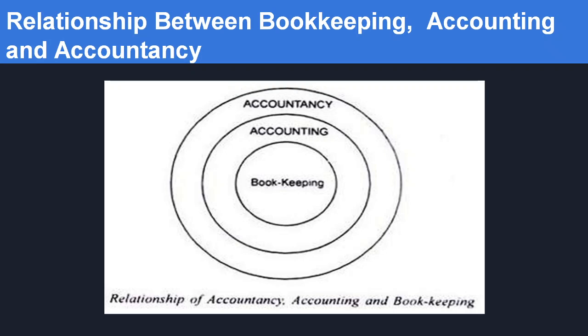So if I repeat the definition, bookkeeping involves identifying, measuring, recording, classifying, which is also included in accounting, in addition to summarizing, interpreting, and analyzing. And all these bookkeeping and accounting is done through the rules and the procedures and the regulations which are given by the subject matter, that is accountancy.